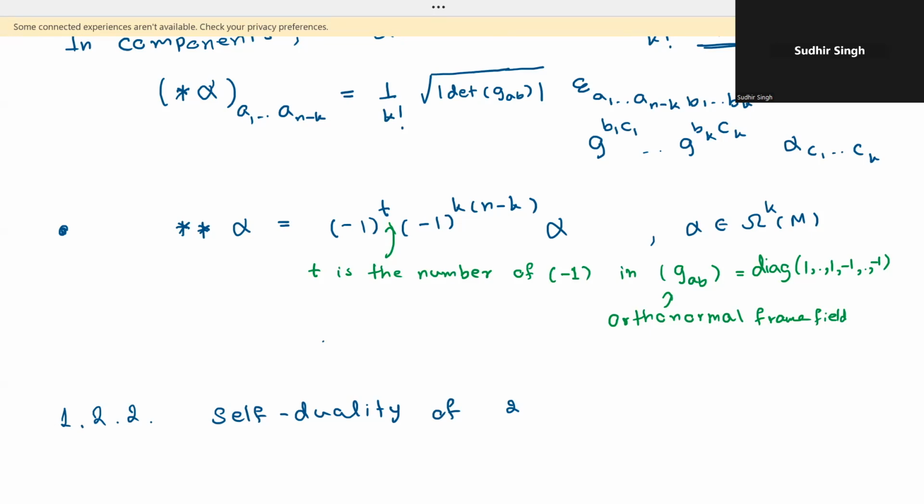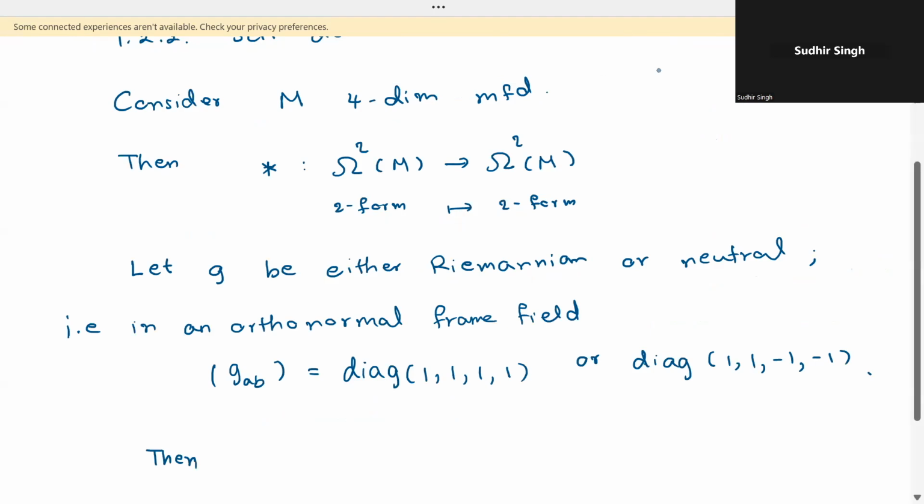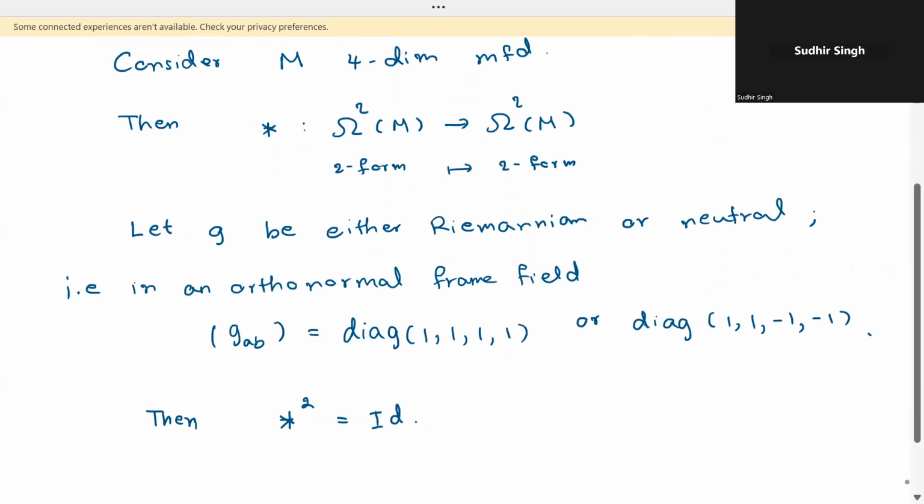Then this is just the identity map. And this implies that it has eigenvalues plus and minus 1.